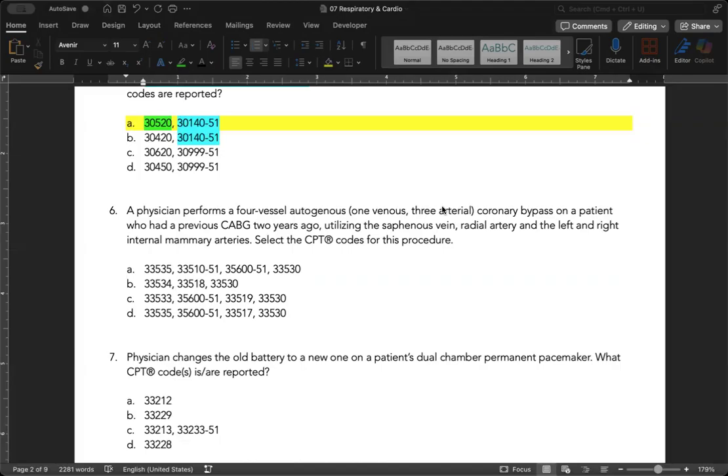But if you look at the indented portion of the code, it's going to be for your single vein graft versus 2 vein graft, 3 venous grafts, right? So these codes are only going to be the vein component. So if our coronary artery bypass graft is with 1 vein, then we should use the 33517.